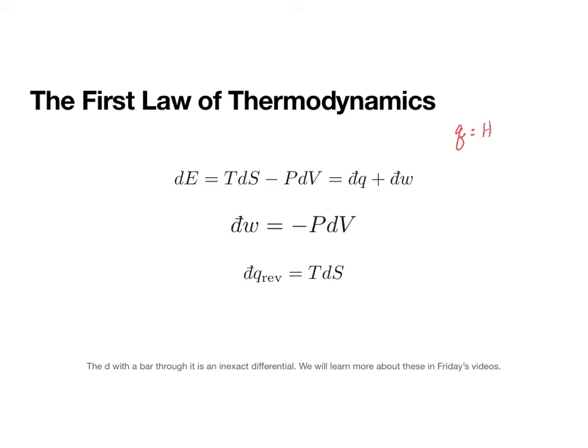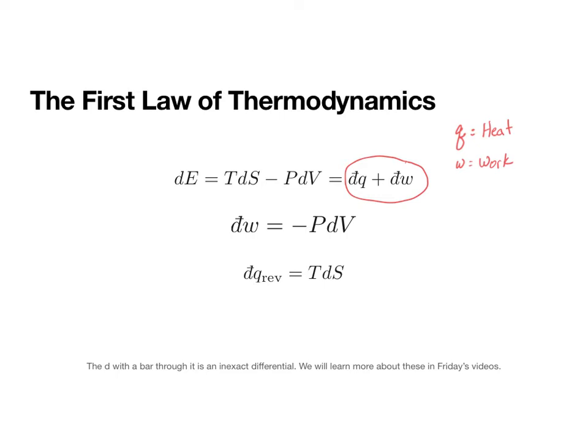Q is heat, W is work. And these d's here that have bars through them indicate that these are inexact differentials. We're going to learn more about that, but it basically means that they are not state functions.